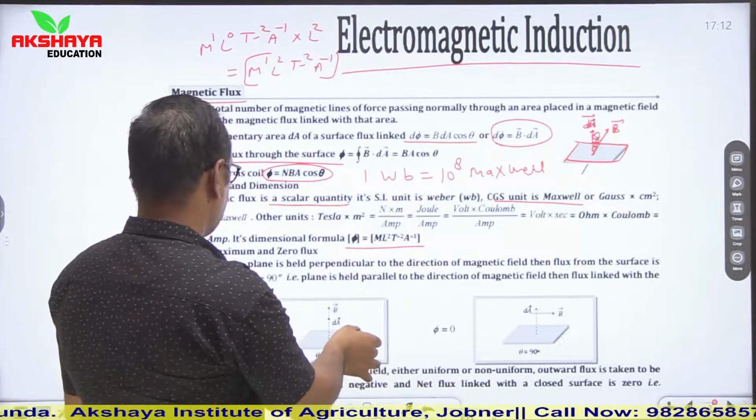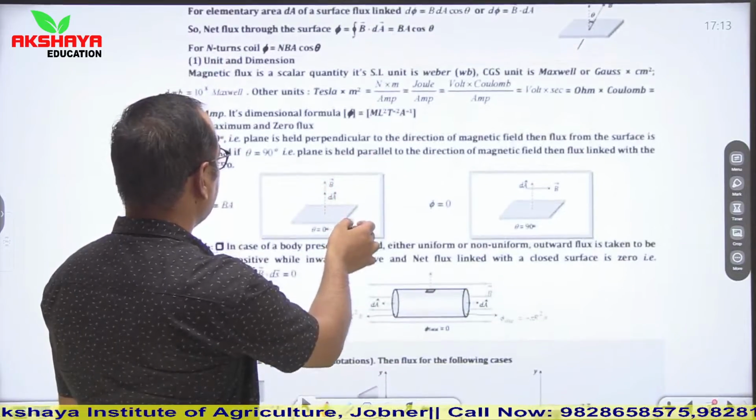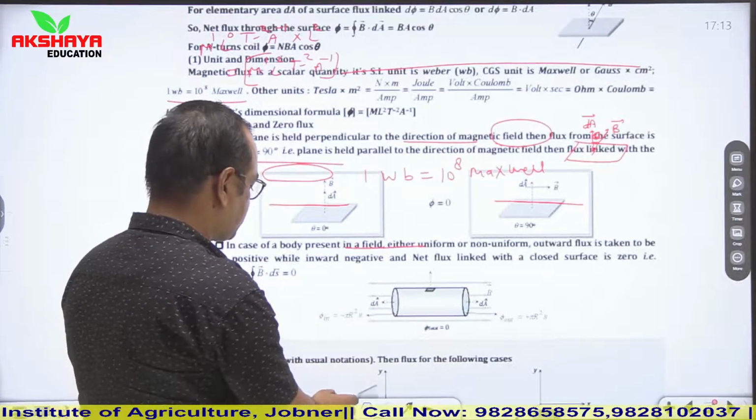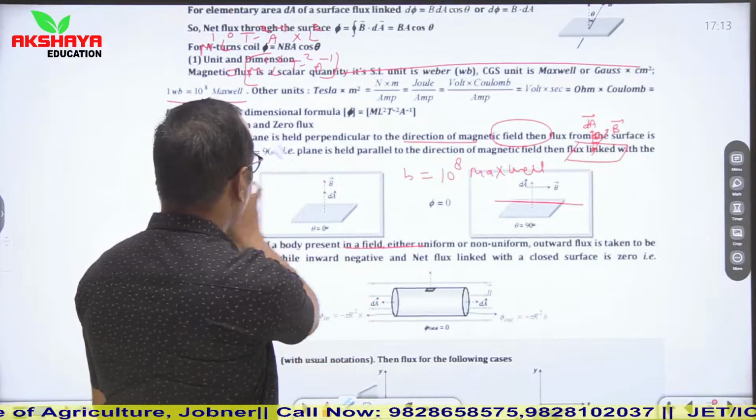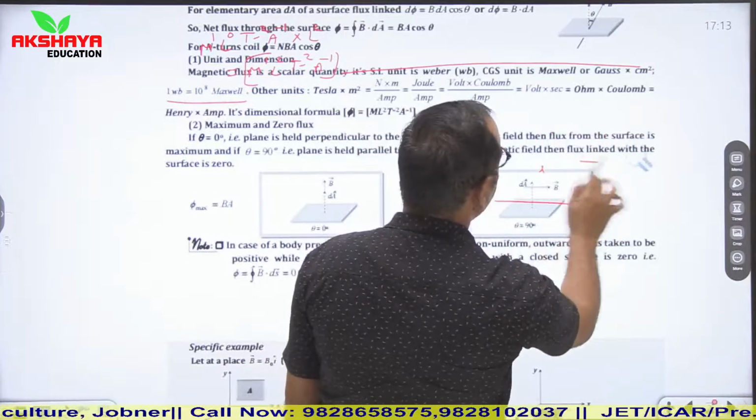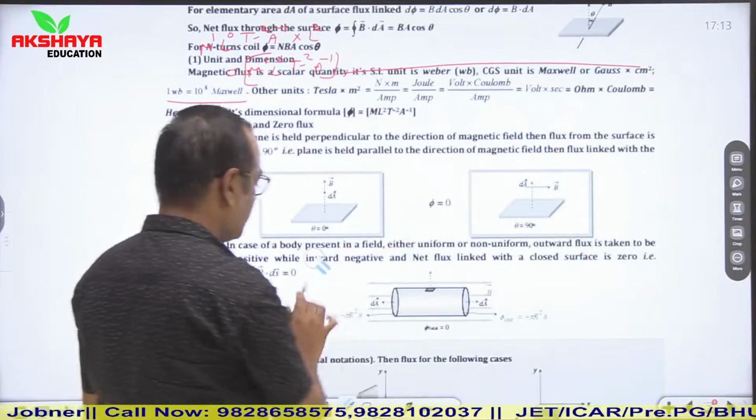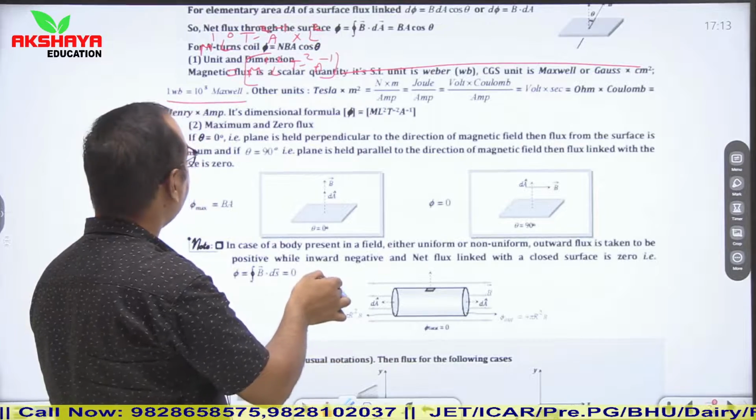Now maximum and zero flux. Maximum flux depends on the angle. Here we are given different conditions.